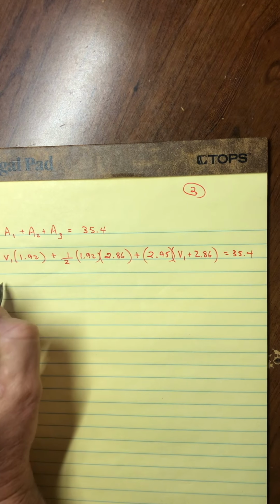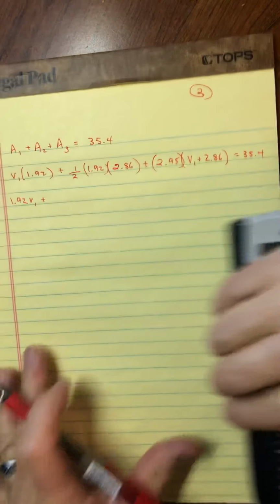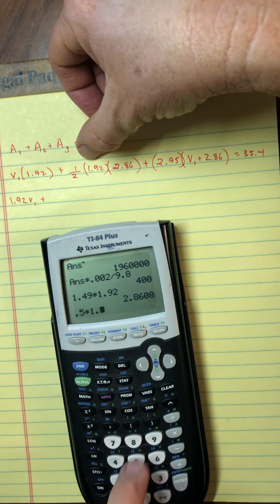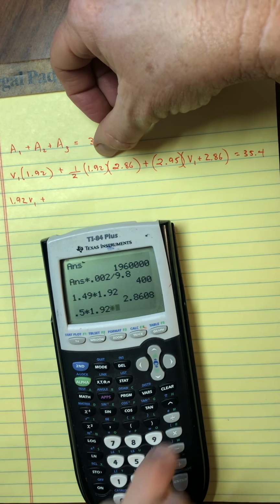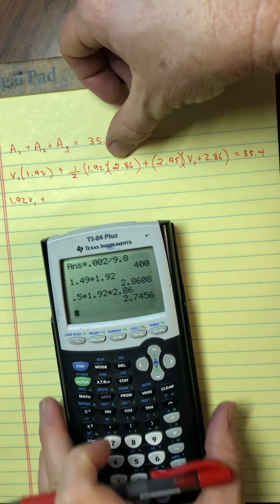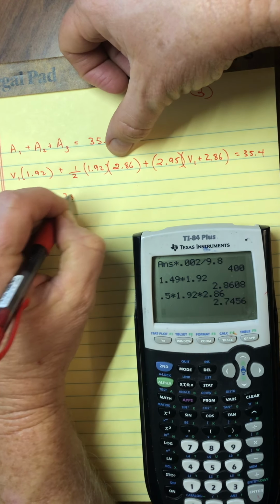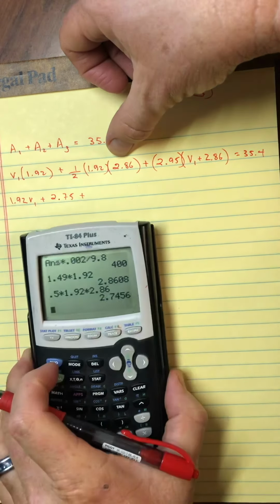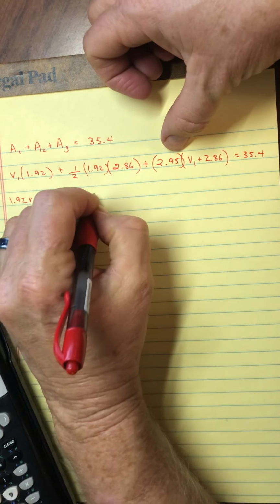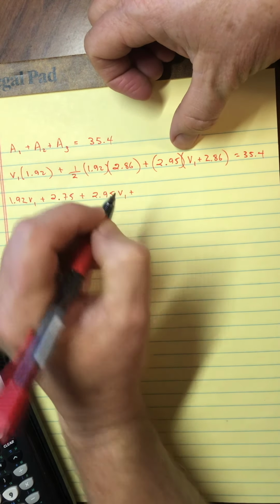So this first one would be 1.92 V1. This second one, let me grab my calculator, 1/2 times 1.92 times 2.86. And then this would be 2.75. Here I can do a distributive property, so this would be 2.95 times V1.